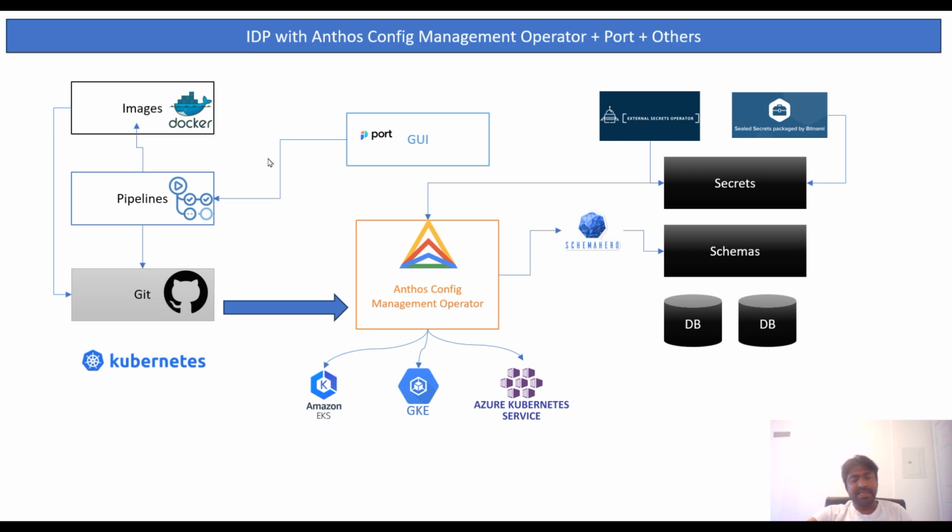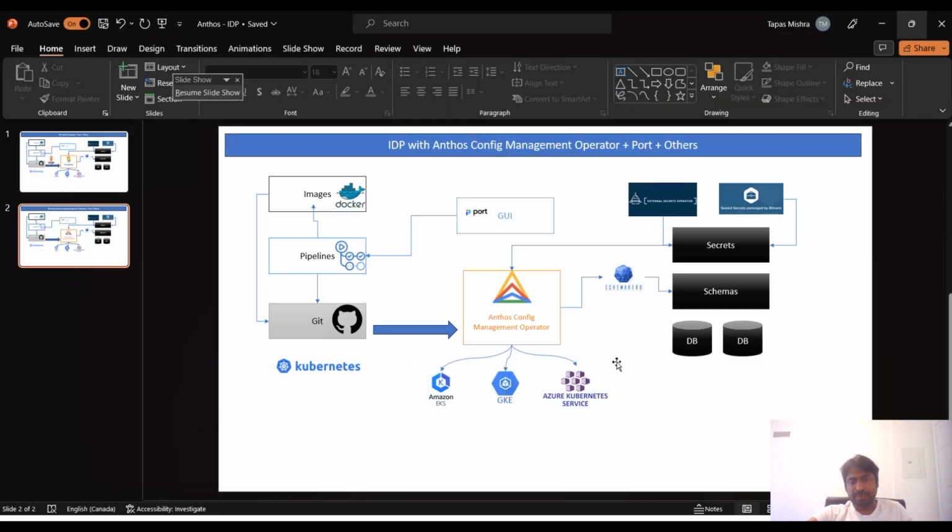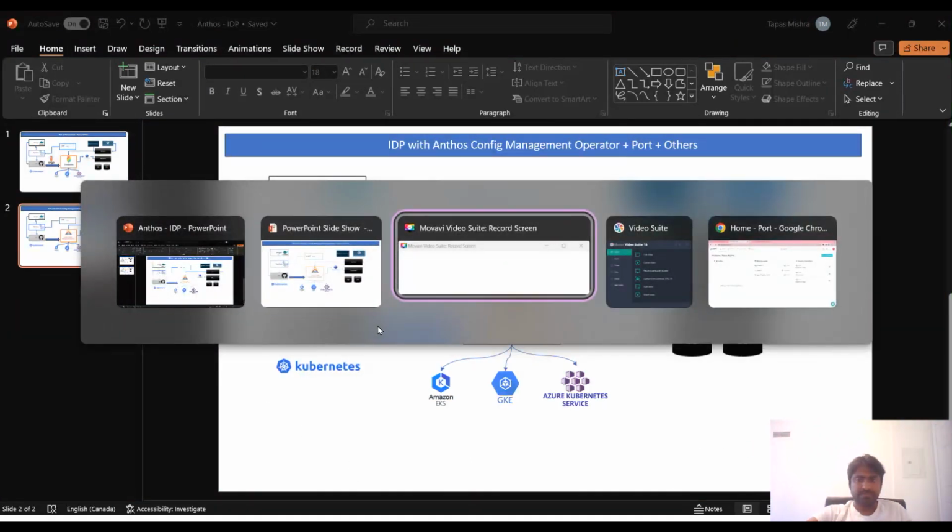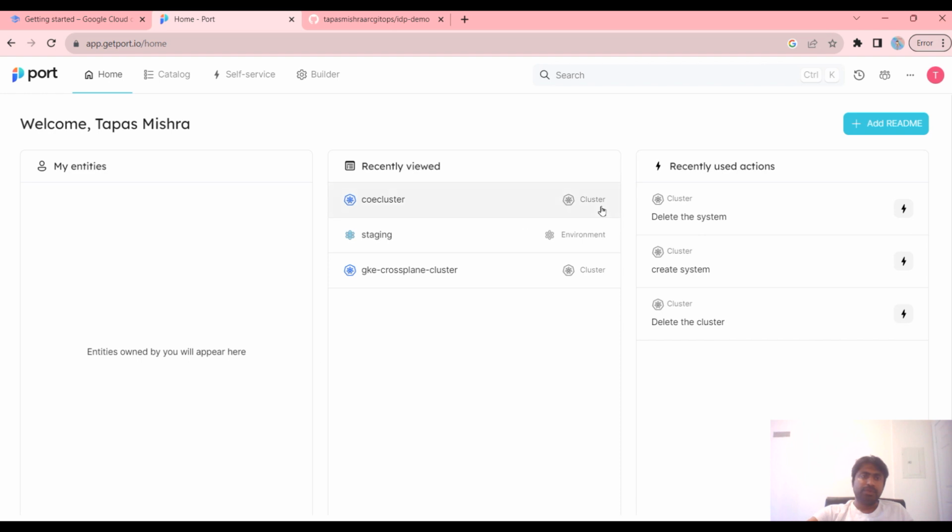So today we will see the demo, which is based on this config management operator and Port. Okay, so let's go to the demo. So this is my Port GUI.